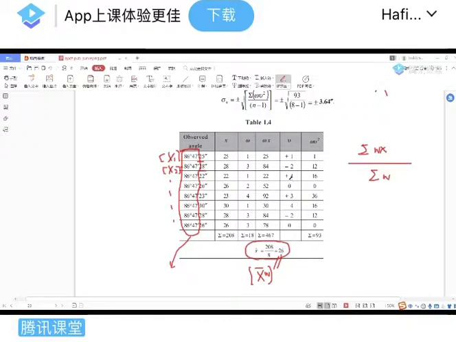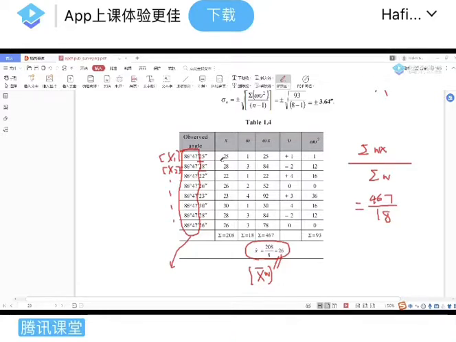Now you add them up, and this one will become 400, and this one will become 467, and the weight is 18.